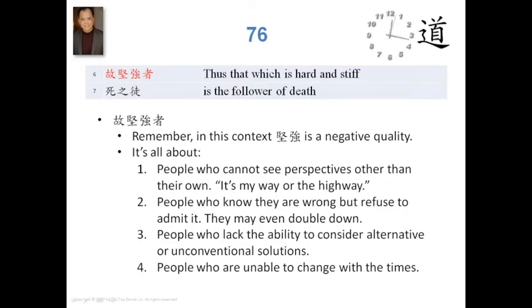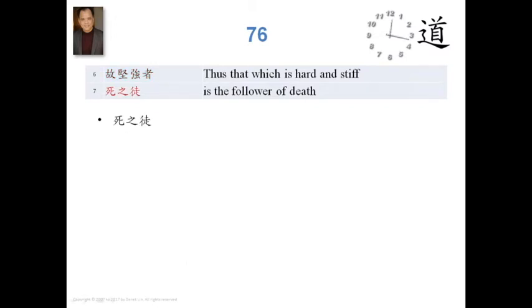But those who are aligned with death lack that ability to change with the times. So that's part of what this chapter is talking about. Let's look at more. So specifically, Lao Tzu says, people who are like that, they are followers of death. Let's break down those characters so we can see what they are.